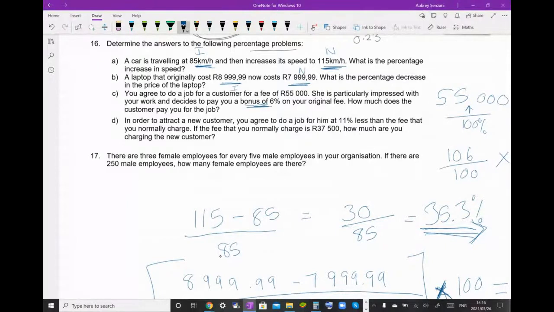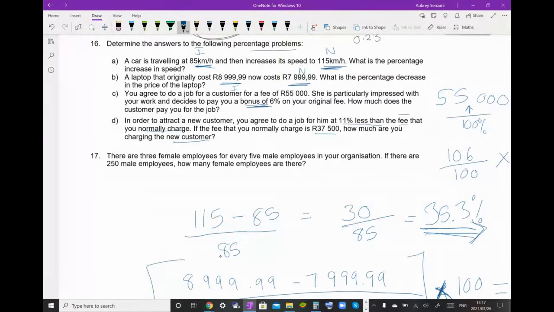All right, then the last one for 16. In order to attract a new customer, you agree to do a job for him at 11% less than the fee that you normally charge. If the fee you normally charge is 37,500, how much are you charging the new customer?